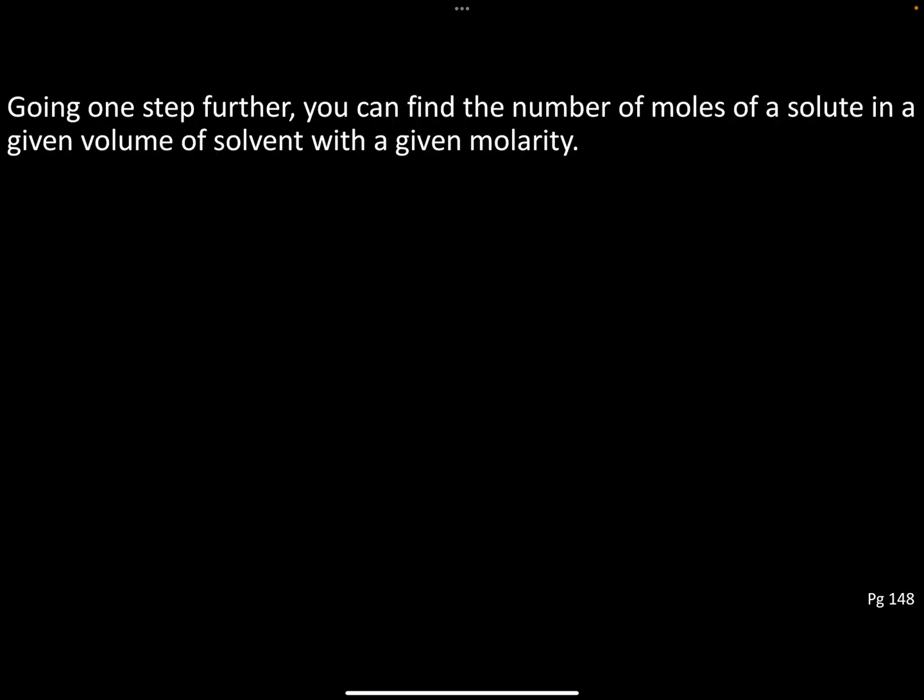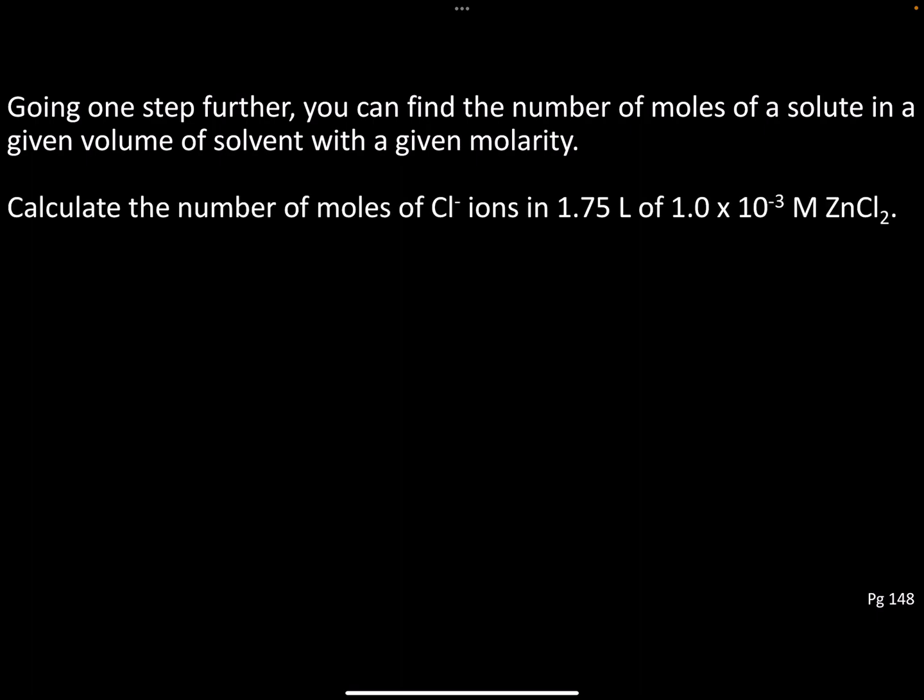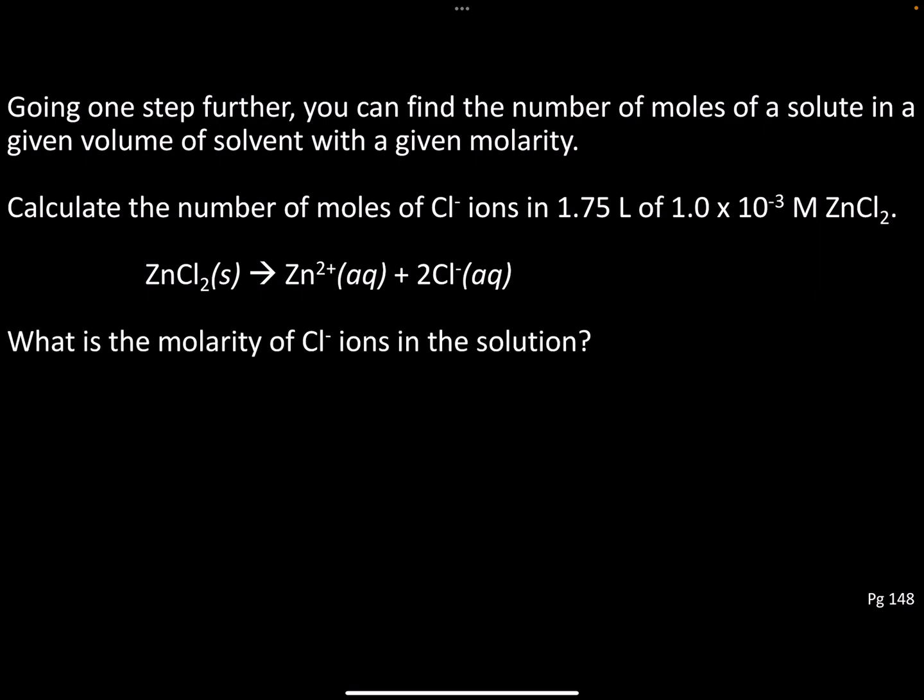Now going one step further, you can actually find the number of moles of a solute in a given volume of solvent with molarity. So if it asks you to calculate the number of moles of chloride ions in 1.75 liters of 1.0 times 10 to the negative third molar zinc chloride, first we look at the dissociation reaction.